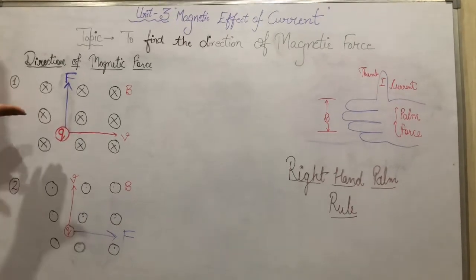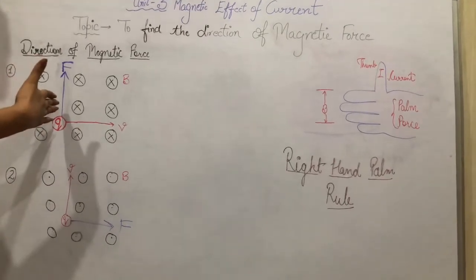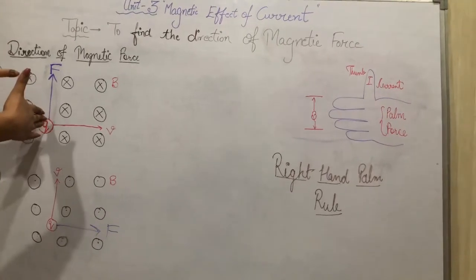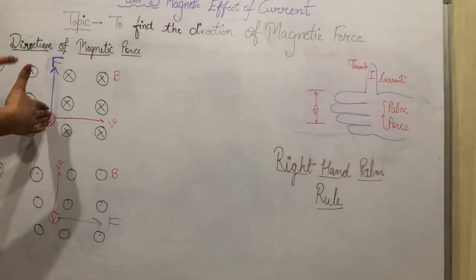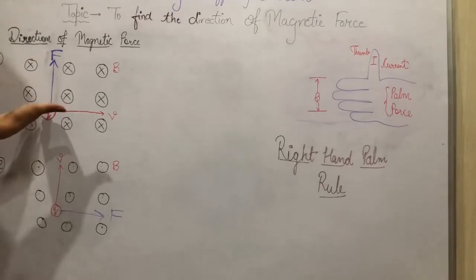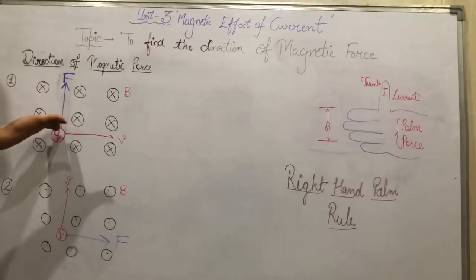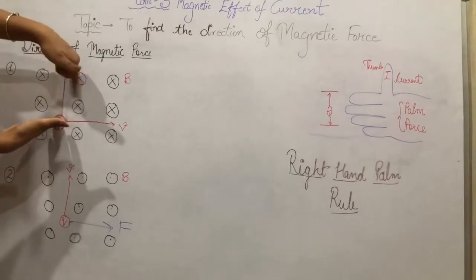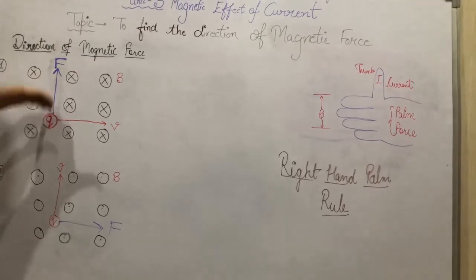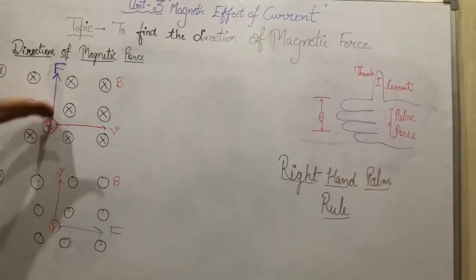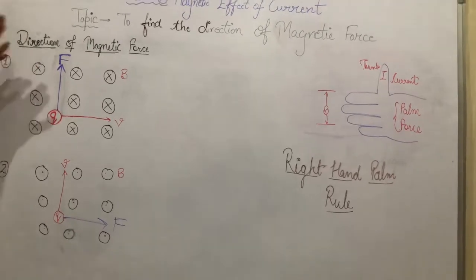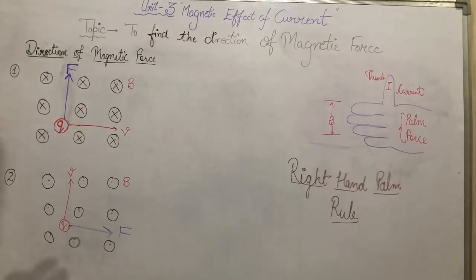So I place my fingers inwards in the direction of magnetic field, and my thumb points in the direction of where the charge moves, meaning current. So I place my fingers inwards and thumb in the direction of V. Now where does the palm point? The palm is going upward.